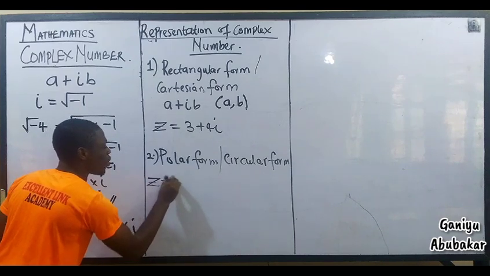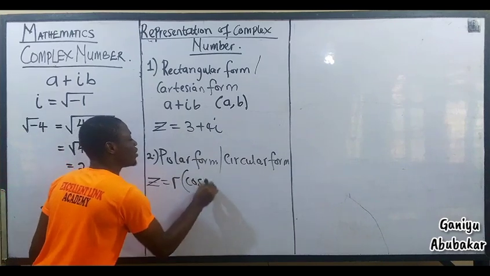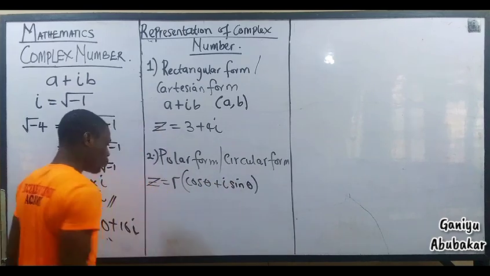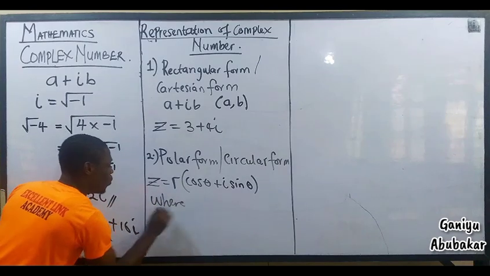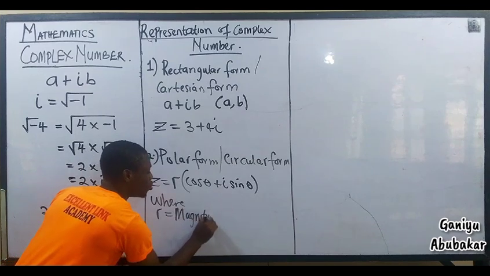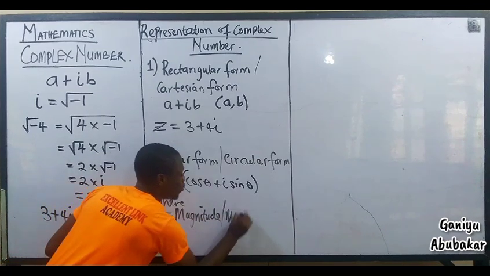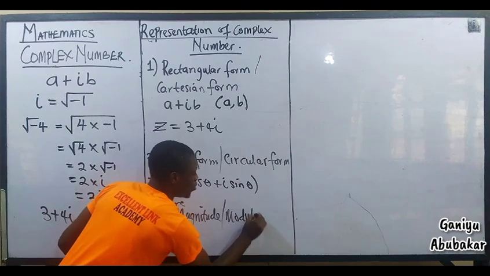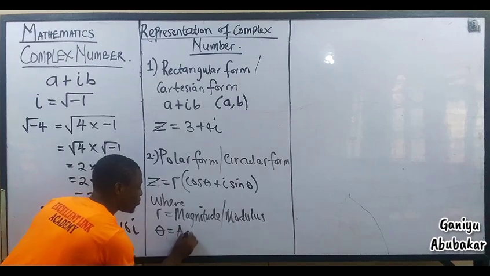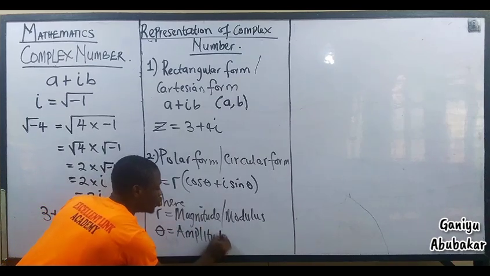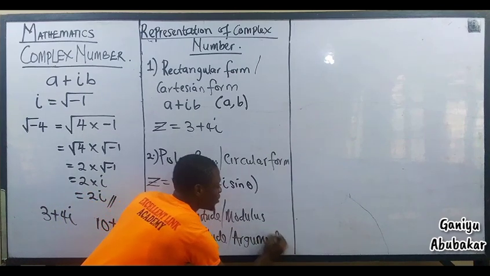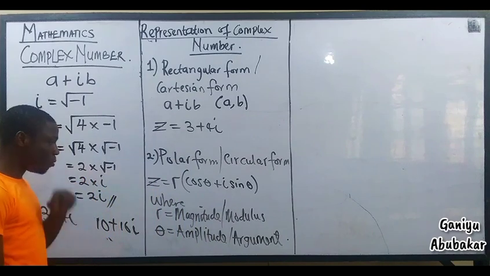z equal to r into cos theta plus i sin theta, where r is called the modulus of a complex number, and theta is called the amplitude or argument of a complex number, right?